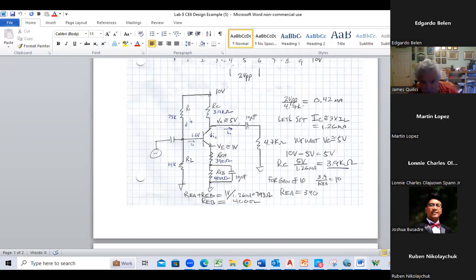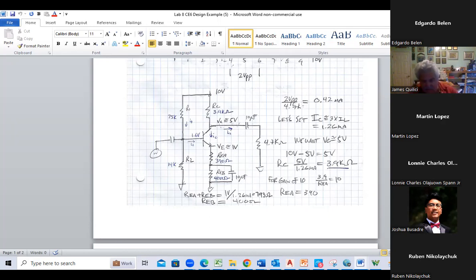IC is 0.42 milliamps, and so I want 2.5 divided by 0.00042 equals 5.9K.